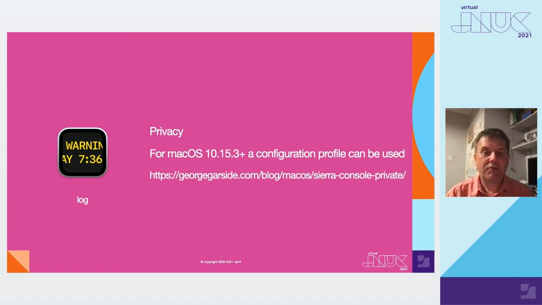So since 10.15.3, that command was removed, and now you can use a configuration profile. There's an example of one at George Garside's website you can download, and it still works. I tried it on Monterey recently, and it still worked. So you can push this out via an MDM, and it will turn that redaction off. But again, use with caution. It's not something that we recommend.